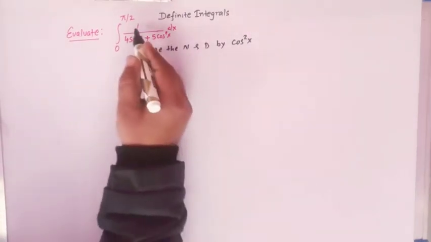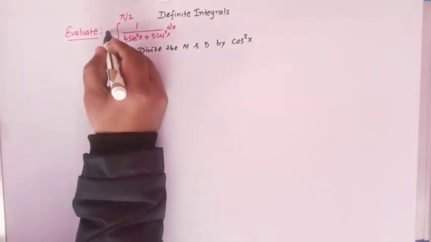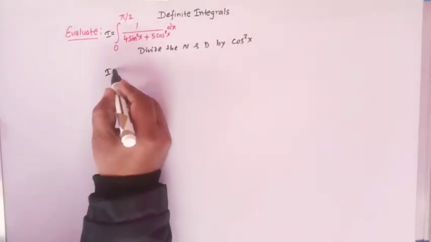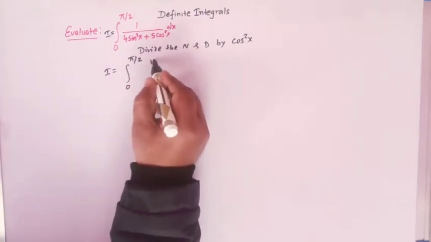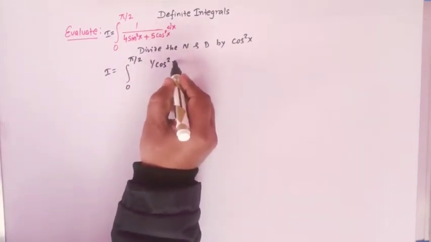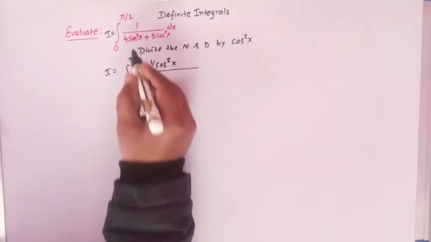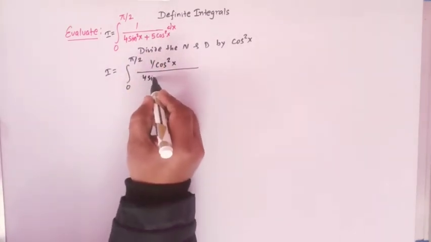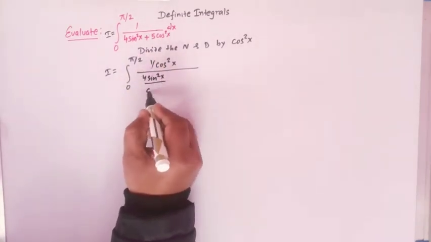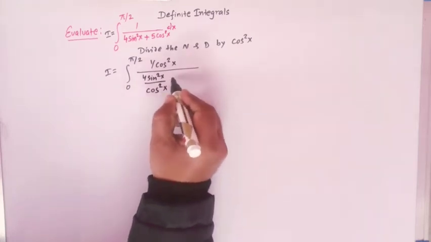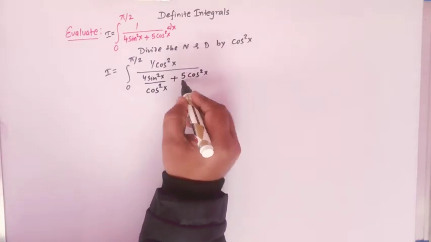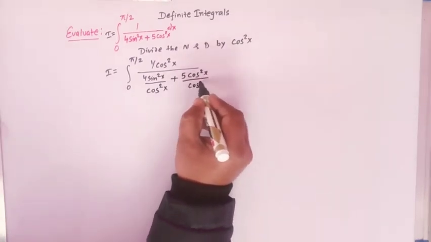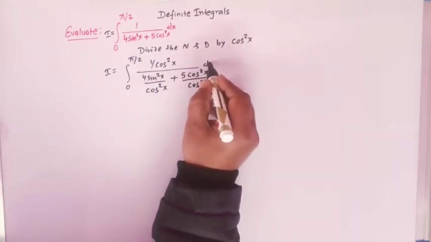So when we divide the numerator and denominator by cos square x, we'll get the integral 0 to pi by 2. Here we have 1 over cos square x, and in the denominator we have 4 sine square x divided by cos square x plus 5 cos square x divided by cos square x, right?